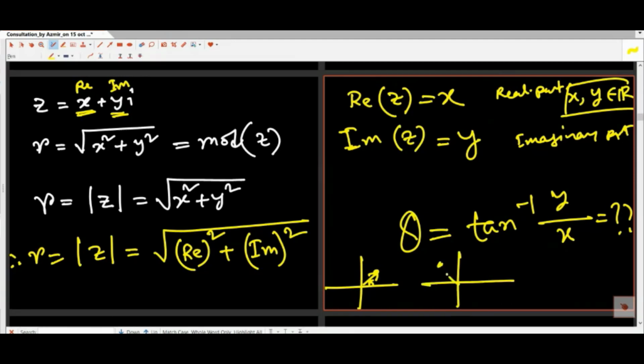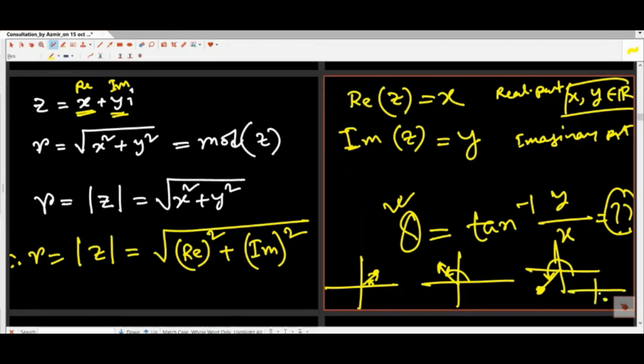But if the point is in the second quadrant, then you have to correct something: add or subtract some quantity. If a point is in the third quadrant, then again you have to correct the result, because tan inverse y over x will not give you the correct answer. So sometimes you have to adjust the answer based on the location of the point.